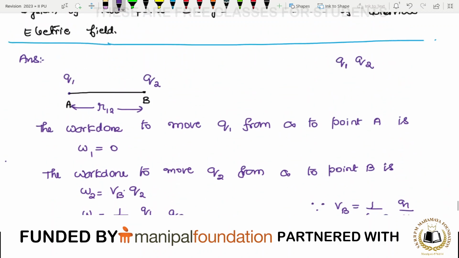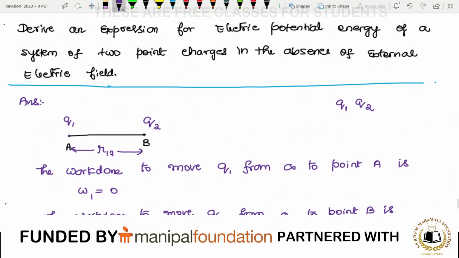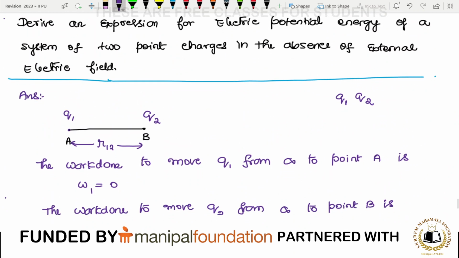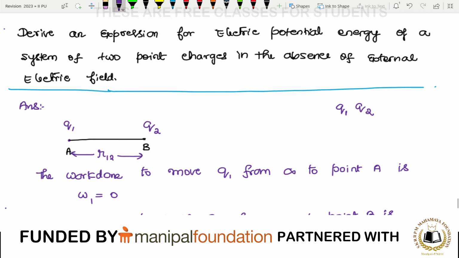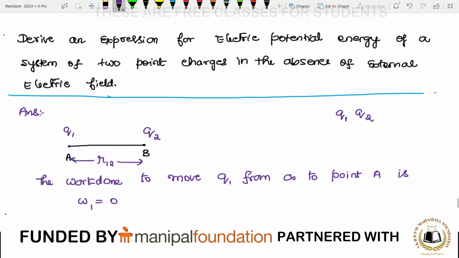We can go through this once again. Derive an expression for the electric potential energy, or electrostatic potential energy, of a system of two point charges in the absence of an external electric field. Initially Q1 and Q2 are both at infinity.